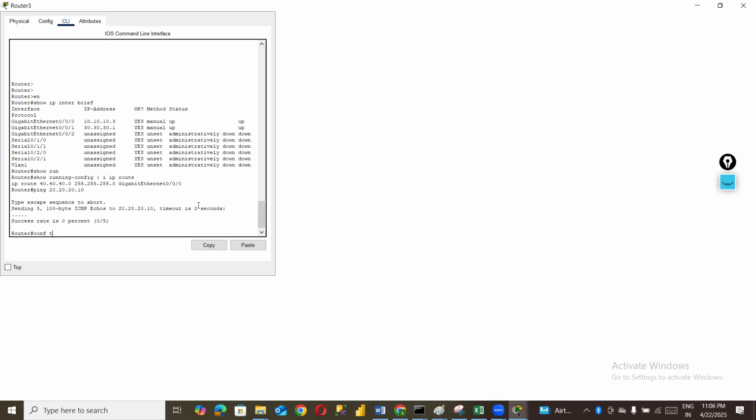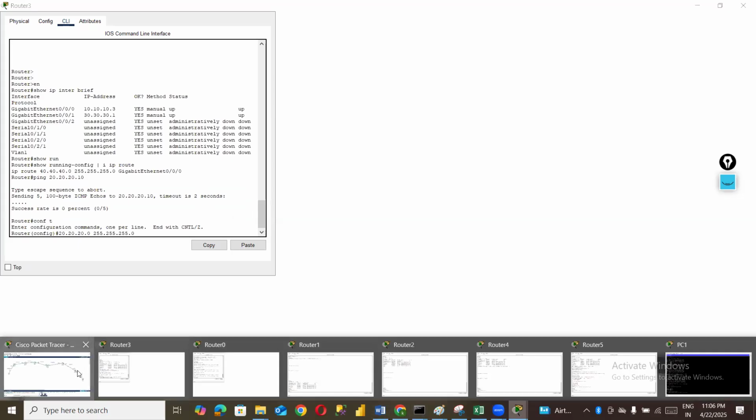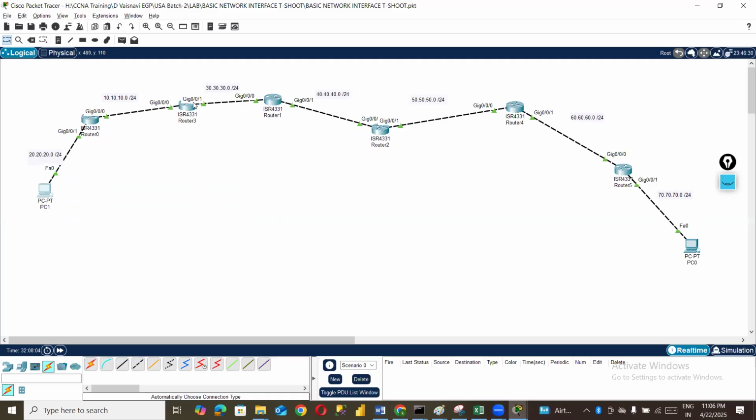Okay, config t. What is our destination? The 20.20.20 network. What is the subnet mask? 255.255.255.0. What is the next hop, where we are configuring router 3? Okay, go to the map. This is router 3. What is our exit point? Gigabit Ethernet 0/0, but we won't give it. Better we'll try with this 10.10.10.1. I think it is router 0, right?